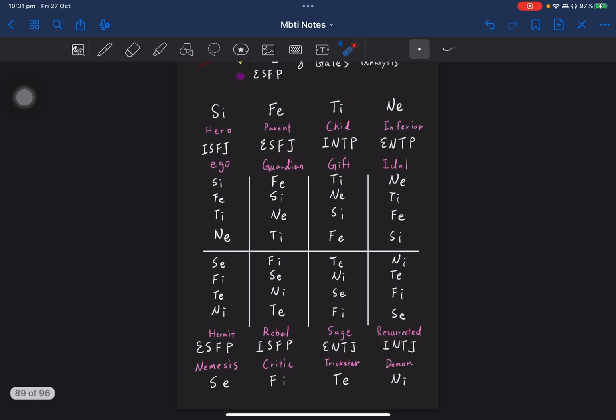So yeah, and the child function is the gateway into the gift. It relies on you having a healthy inferior function.